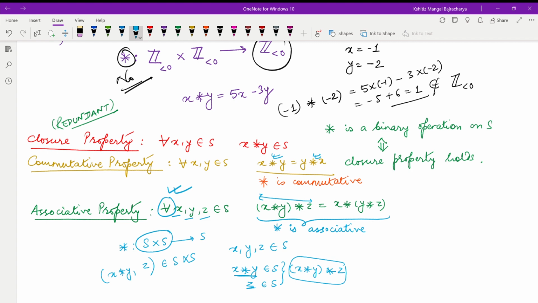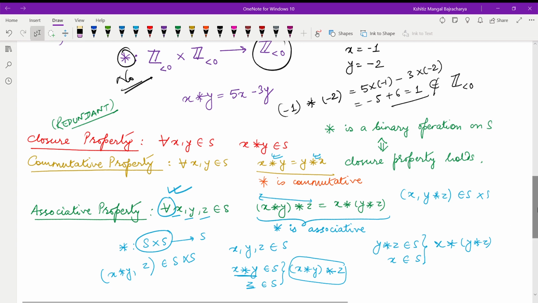Similarly, since y and z are in S, y star z should be in S, and x itself is in S. This means (x, y star z) is in S cross S. So the expression x star (y star z) is well defined.